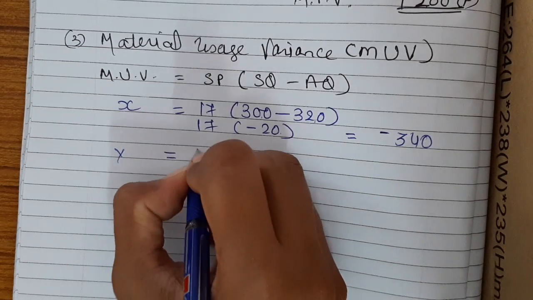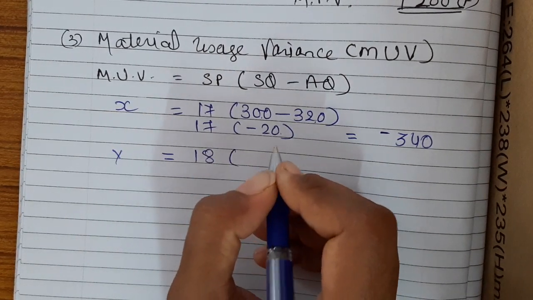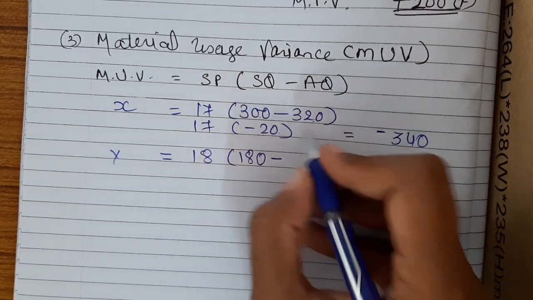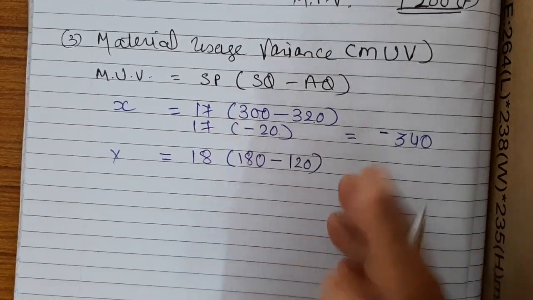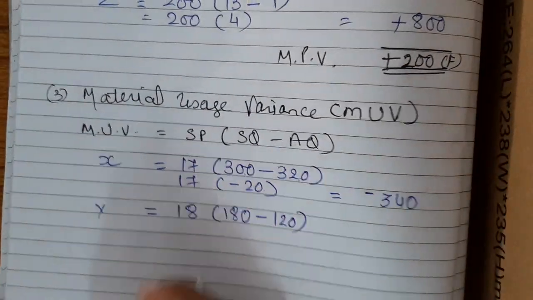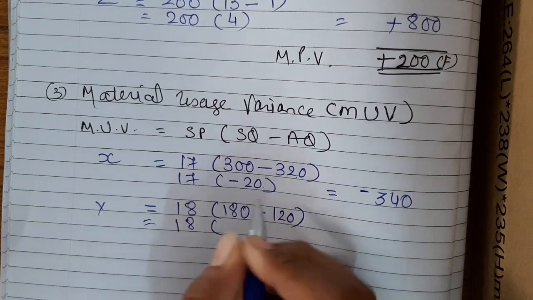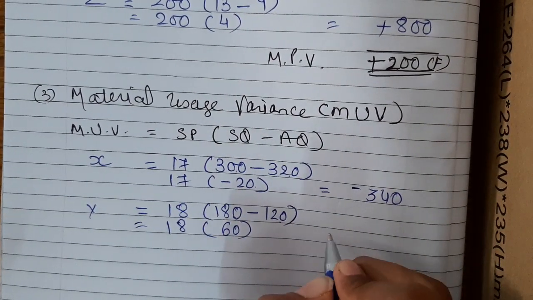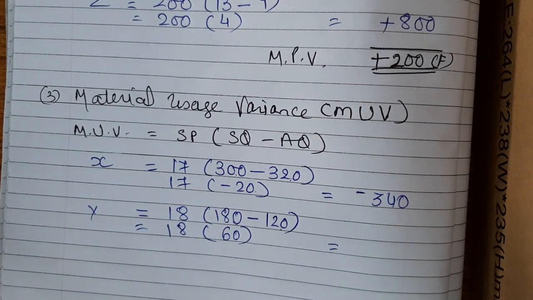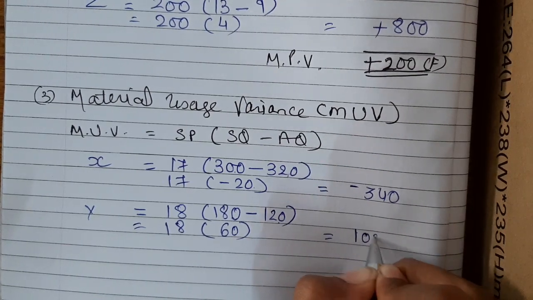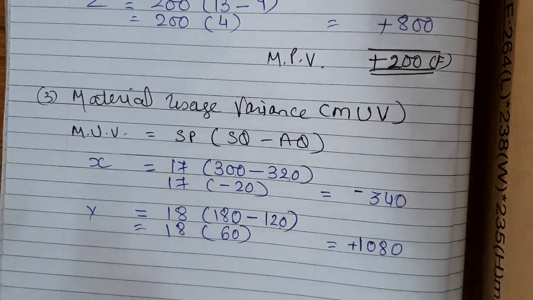Let us look at Y. The standard price of Y is 18. Standard quantity of Y was 180 and actual quantity is 120. Let me confirm it once again. Yes, it was 180. So 18 into bracket positive 60, that would be positive 1080.